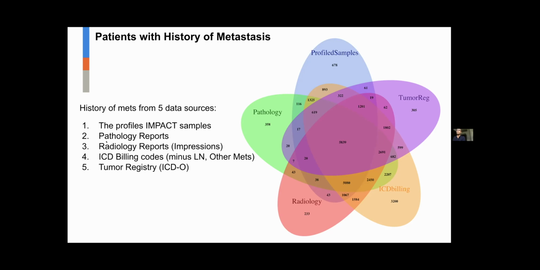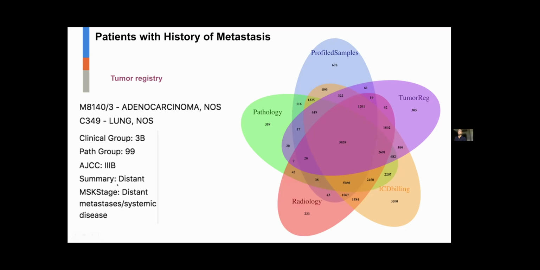So the pathology reports, then radiology reports doing mining, and then what's called ICD billing codes, which are for insurance. And then the tumor registry, which is a database for cancer. And real quick, this is what the data really looks like within the tumor registry.